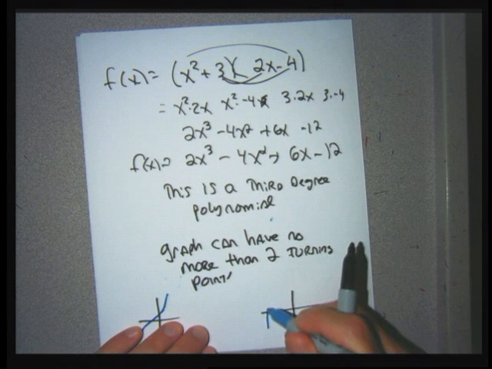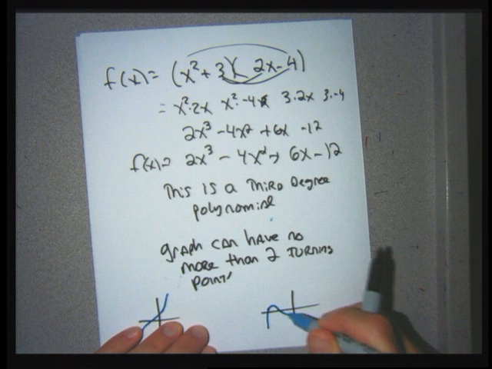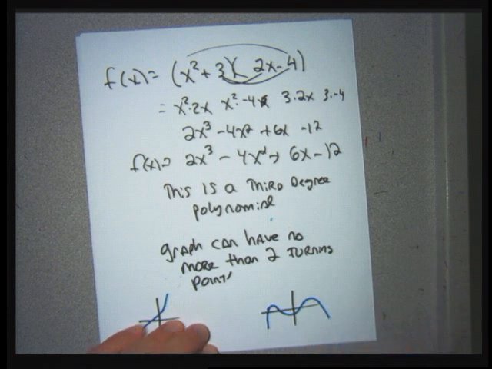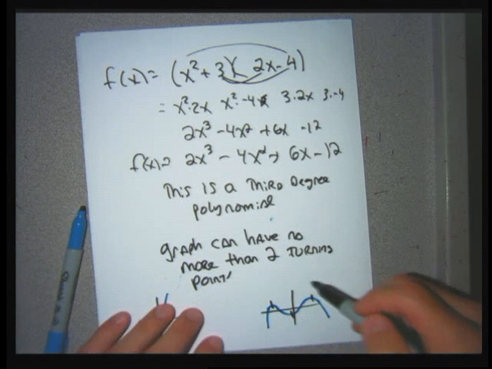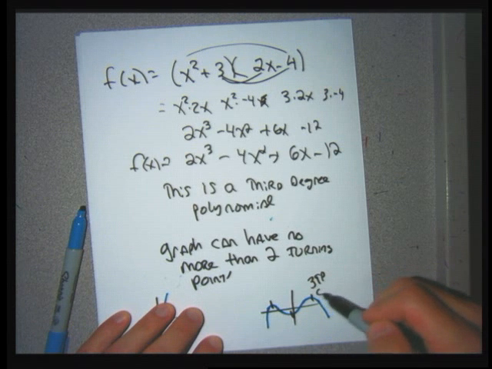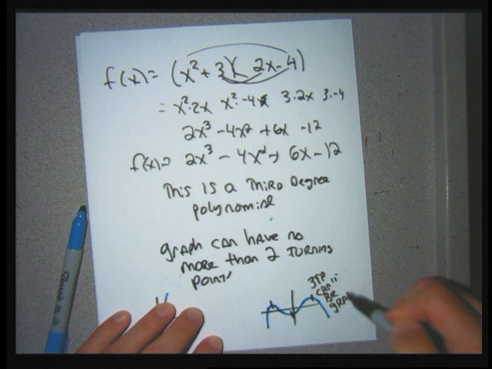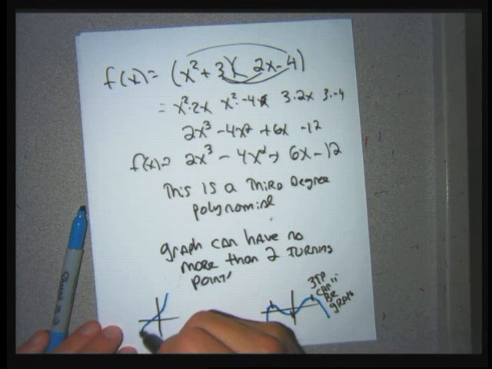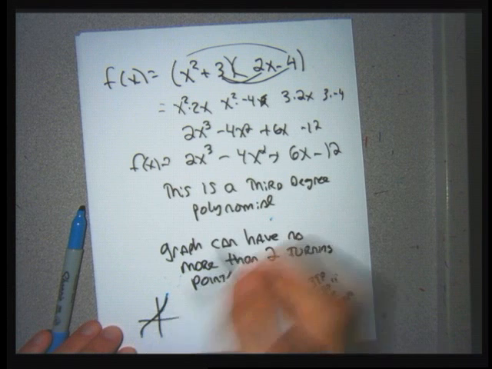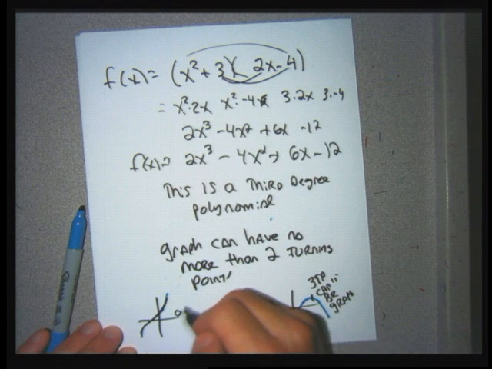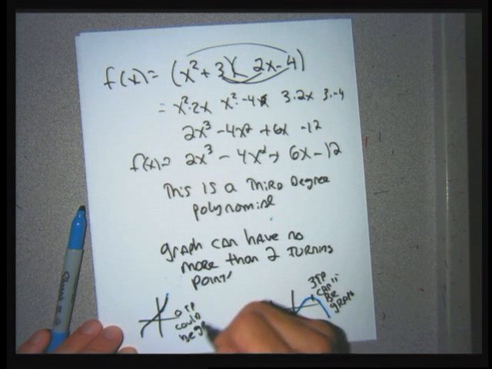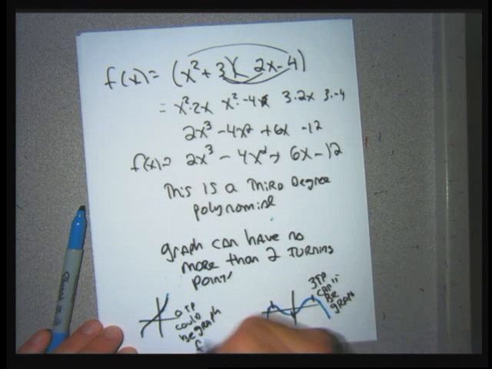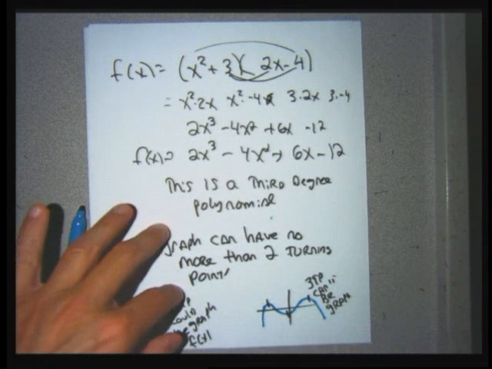But something like this couldn't be the graph of f of x because this has 1, 2, 3 turning points. So this has 3 turning points; that can't be the graph or even close to the graph. Whereas this little bend here isn't actually a turning point because the function's increasing everywhere. This has 0 turning points, and it could be what the graph of f of x looks like because it doesn't violate having too many turning points.